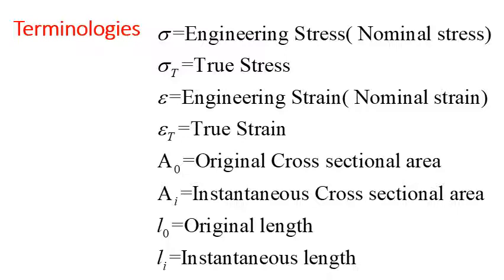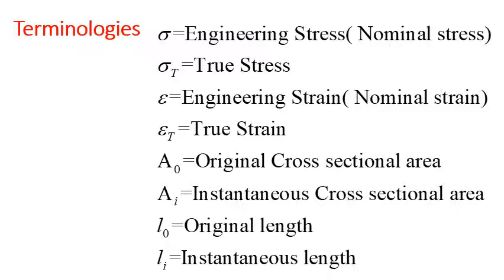Sigma is the notation we use to show engineering stress or nominal stress. Sigma suffix t is the true stress. Epsilon naught is the engineering strain. Epsilon naught suffix t is the true strain.